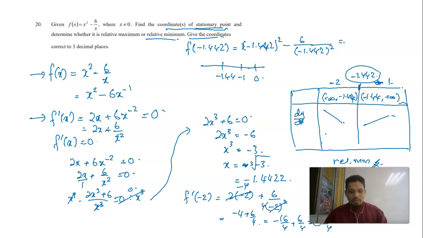For this one you may use a calculator. You should get 6.241. So the coordinate of this is negative 1.442 and the value of y is 6.241.